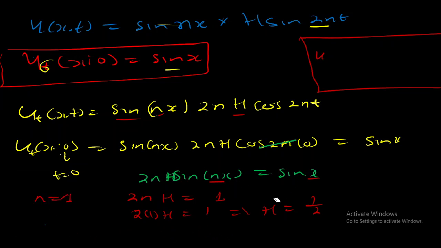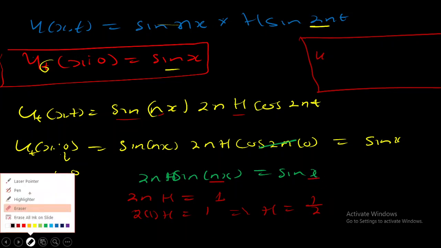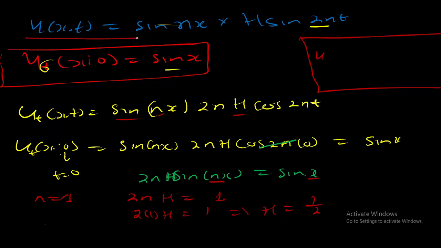Okay, let's try this again. We have h, which is equal to 1 over 2. So if we substitute the value of h into the original equation here, we're going to have u of xt, which is equal to sine of nx. Our n is 1, so it's going to be x, and then times h. Our h is 1 over 2. And then sine of 2, and n is 1, so we're going to have 2t.